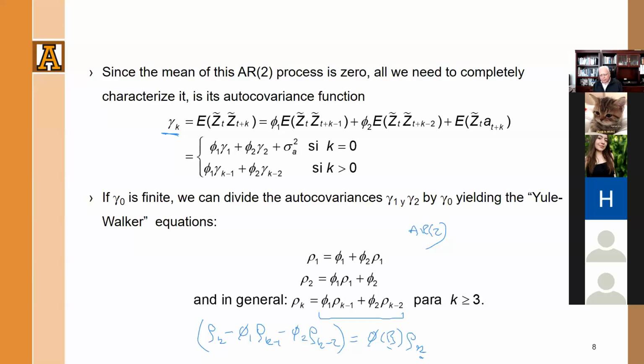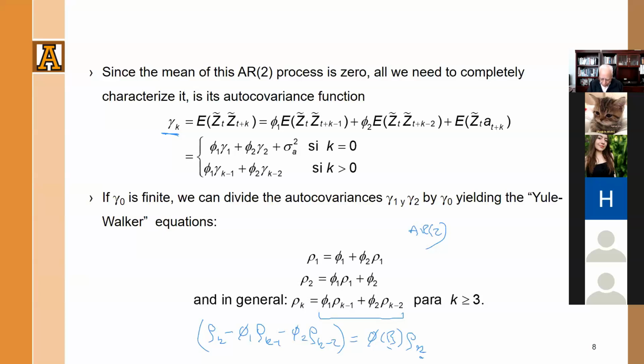Now, the Yule-Walker equations are used not only to relate the parameters with the autocorrelations, but we'll see when we estimate the model, we do not know what phi 1 and phi 2 are. The algorithm to estimate the parameters is based on maximum likelihood, and it's a nonlinear function that has to be optimized by numerical methods.